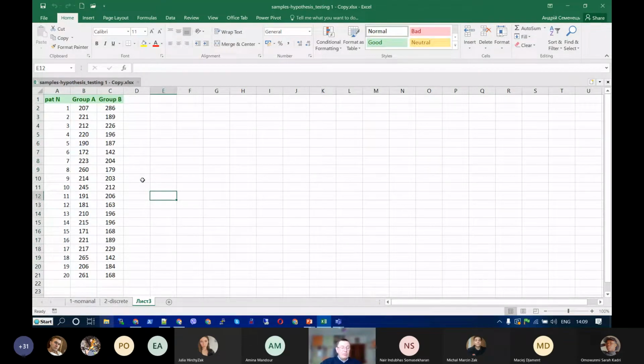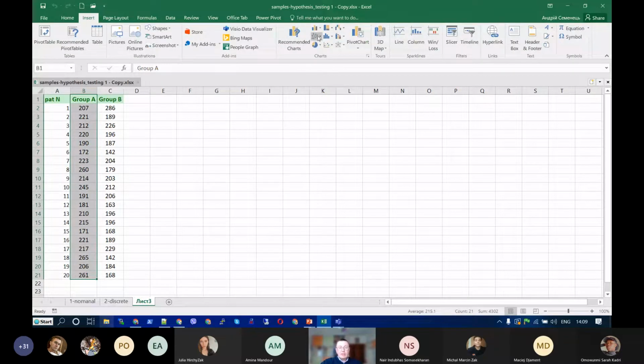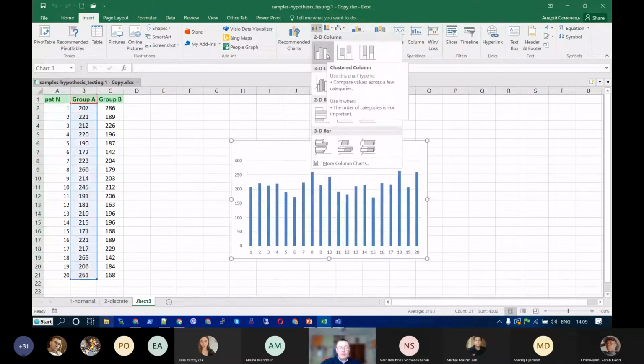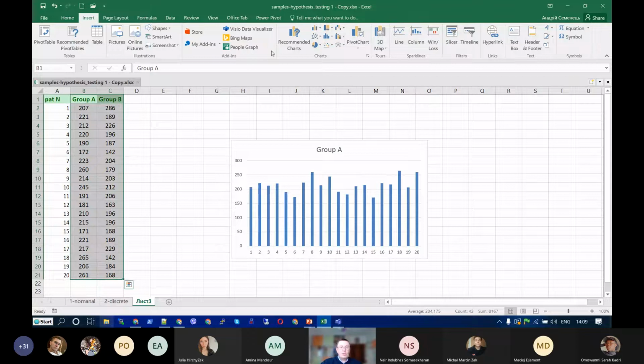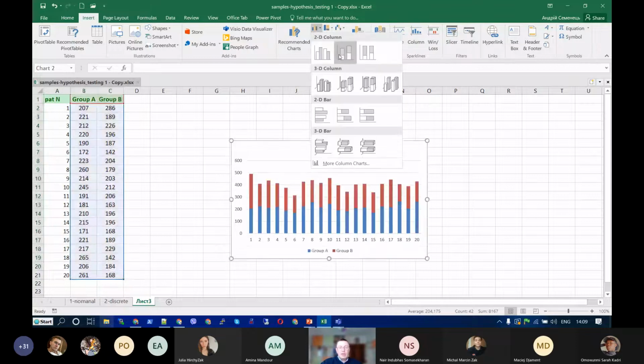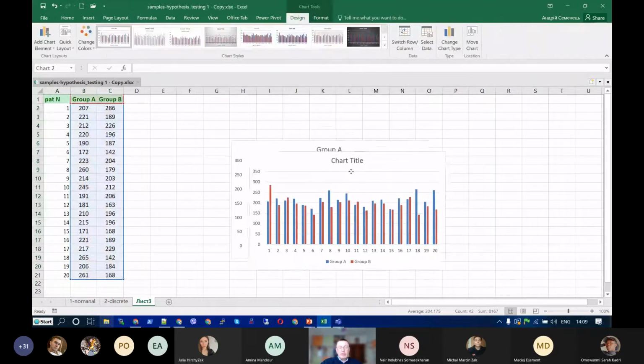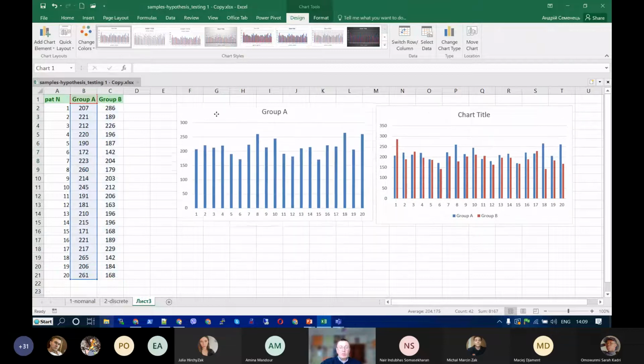First of all, simple visualization. For sure, in the case of nominal data, nothing other than, like, we can use a conventional bar chart, or we can even provide visual comparative analysis with two variables at a time within one chart.